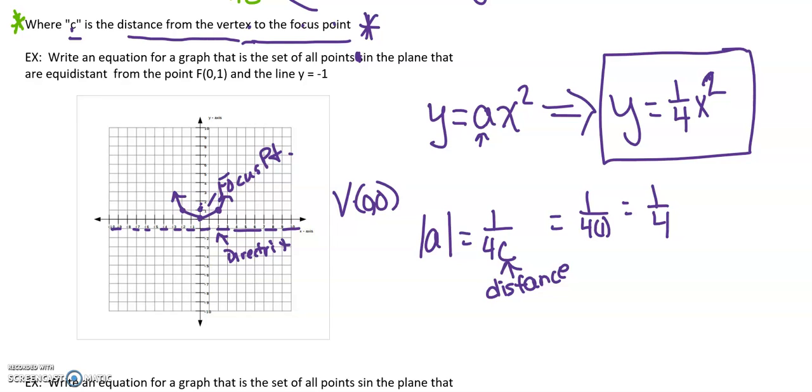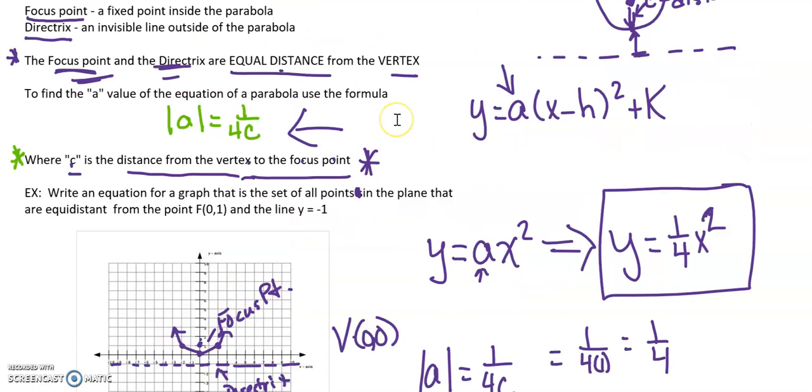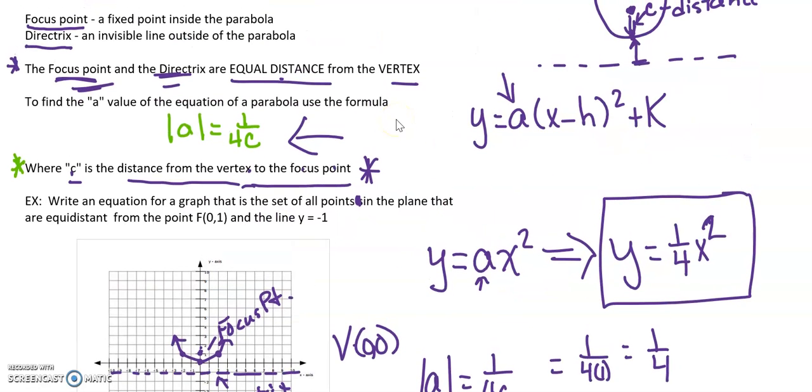All right, a couple things to remember. I just want to go over them again. The focus point is inside the parabola. The directrix is outside the parabola. You notice that on our picture here. This will tell you what direction your graph is moving in.